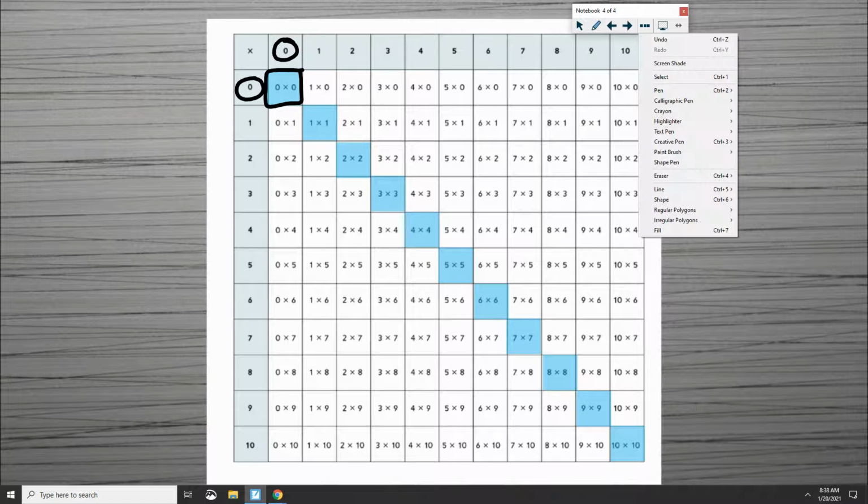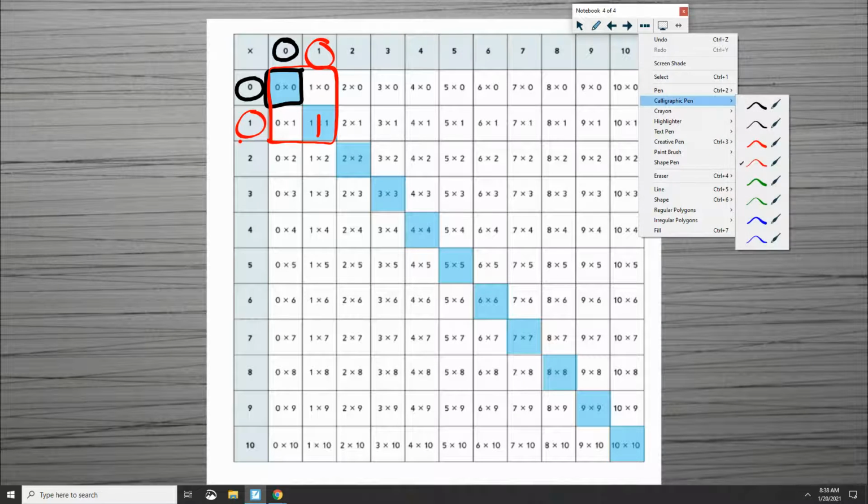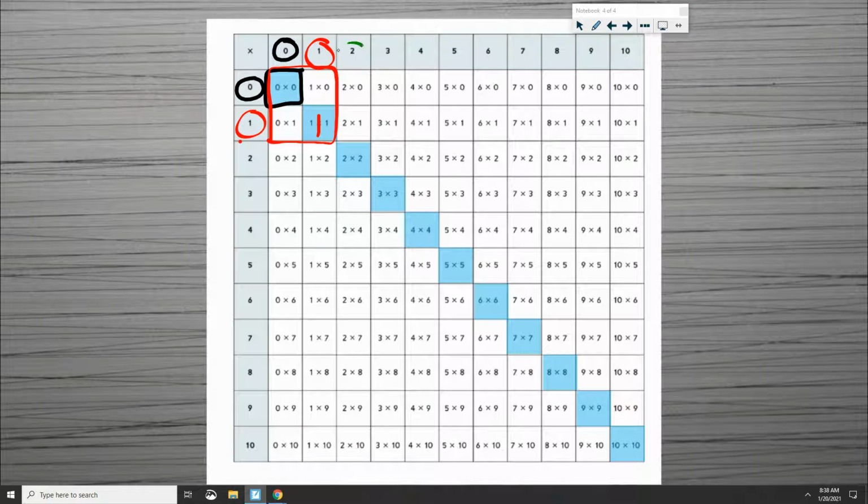When I solve 1 times 1, I get 1 right here. When I solve 2 times 2, I get 4. 2 times 2 is 4.